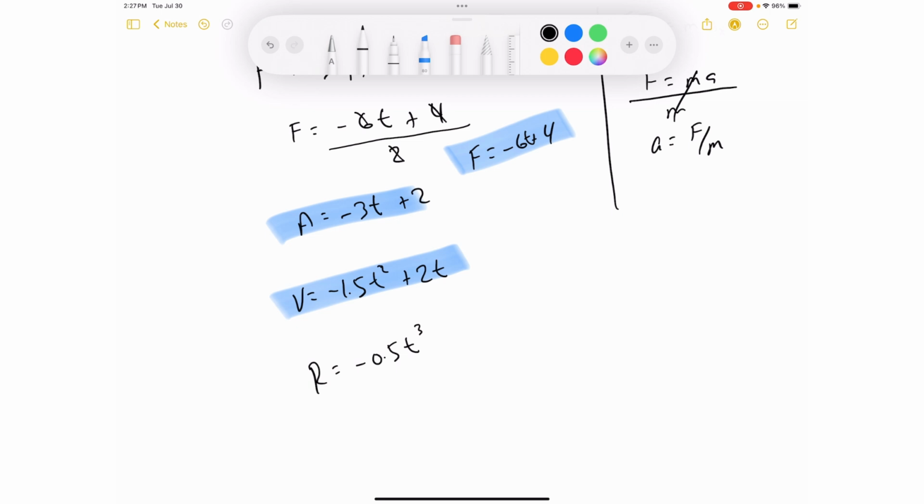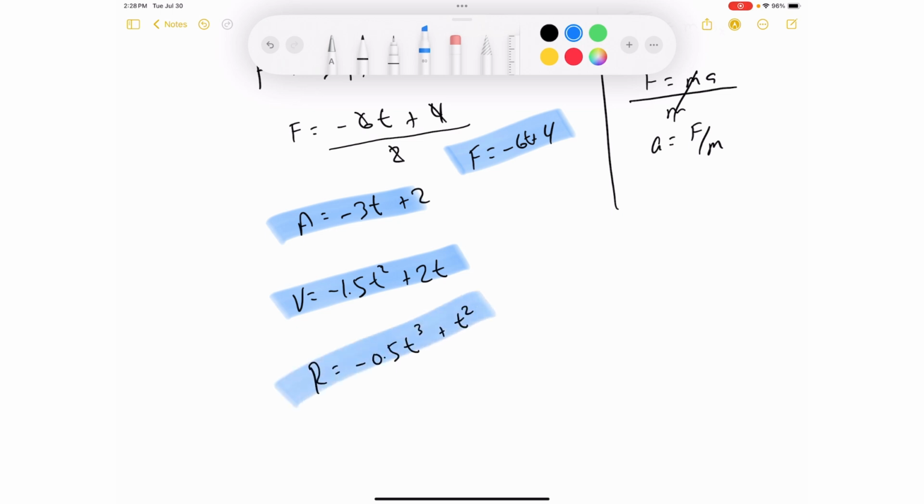Then the 2t, I take half of 2, which is 1, and t becomes t squared, plus t squared. And now I need the initial position in x, which is 0, so we're at the starting point. So there you go.